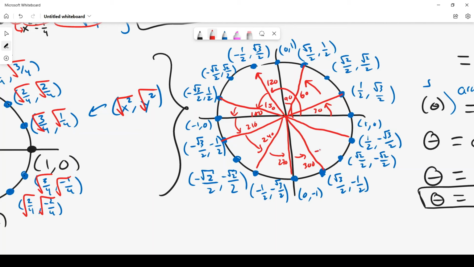Another jump of a third here, 300 plus 30 is 330. Let me clear that up. 330, and another jump of a third, which would be another 30 degrees, would be 330 plus 30, which would be 360, and you have that whole 360 degrees in that unit circle. And that was a lot.